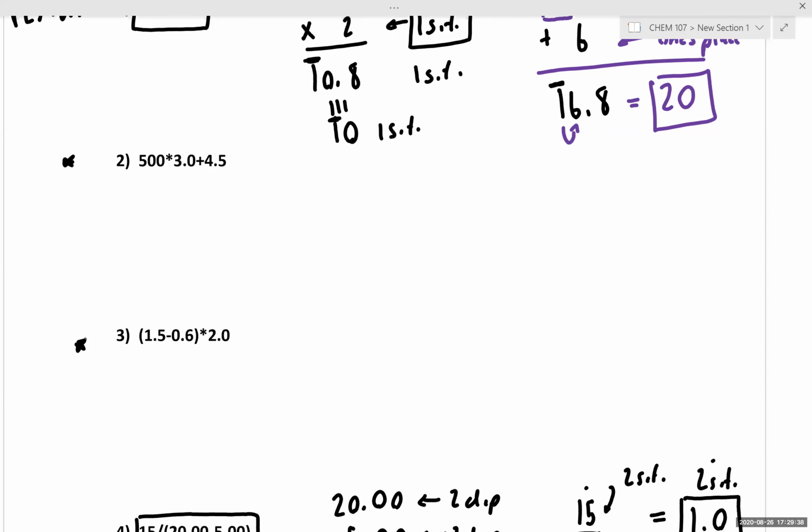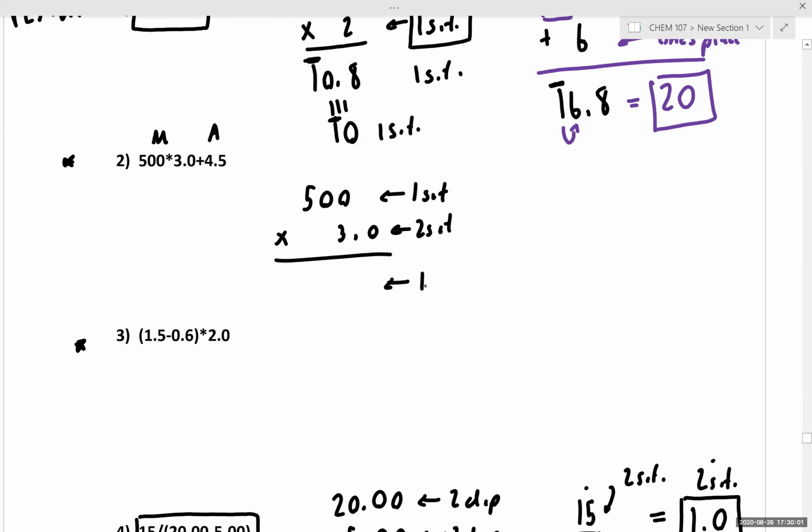Okay, so let's discuss these examples. First and foremost, we deal with multiplication first and then addition. So we have 500 times 3.0. 500 has a grand total of 1 sig fig, while 3.0 has 2 sig figs. So then our final answer should have 1 significant digit.